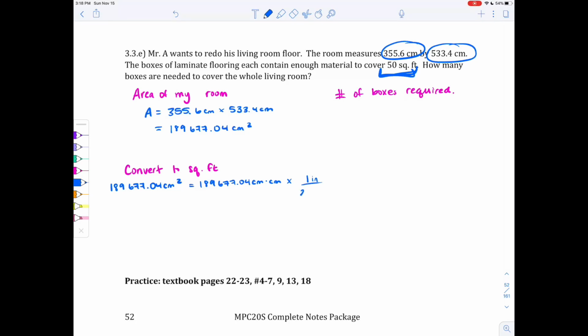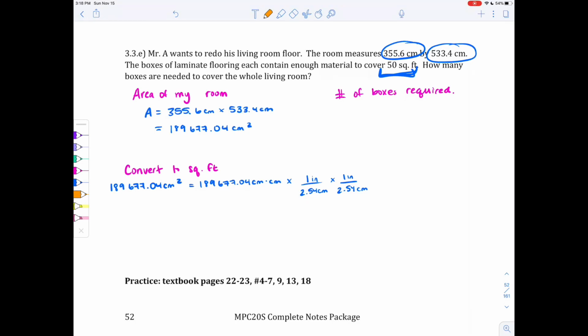So I know that 1 inch is 2.54 centimeters. And I have to do that twice. By doing this here, my centimeters will cancel, and my centimeters will cancel.